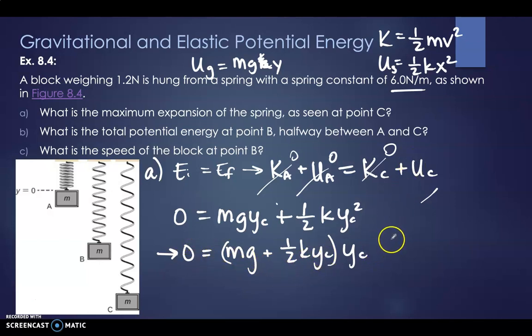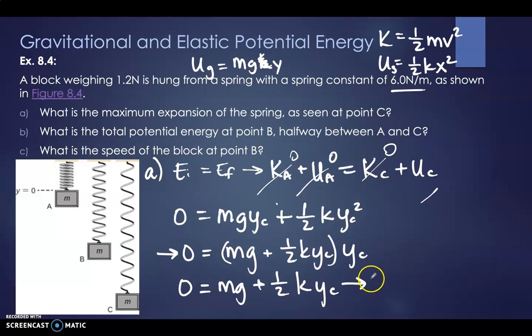If y sub c equals 0, that doesn't make sense, we'd be back here. So we need this equation here, and we want to solve for that expansion, y sub c. So y sub c should equal, let me pull that over, minus 2 mg over k.